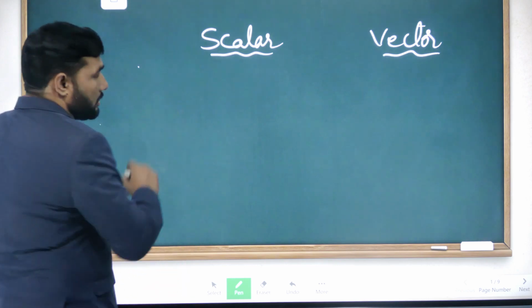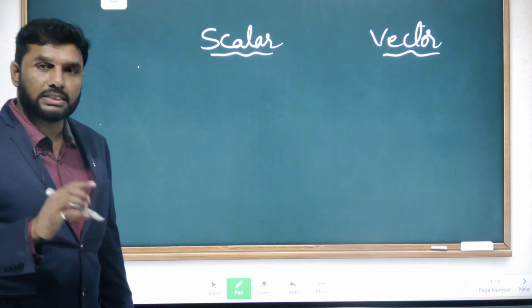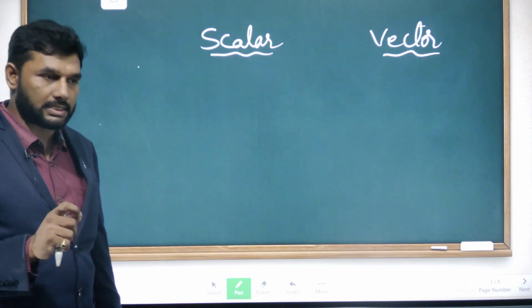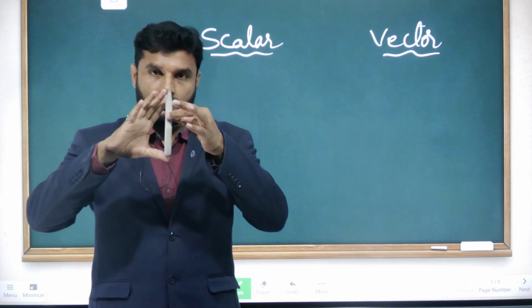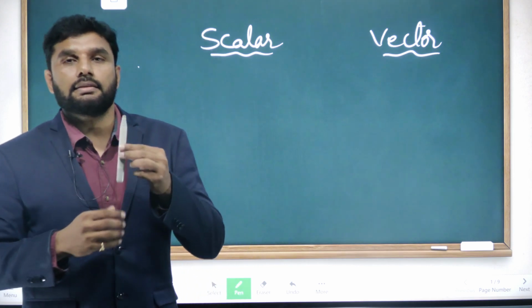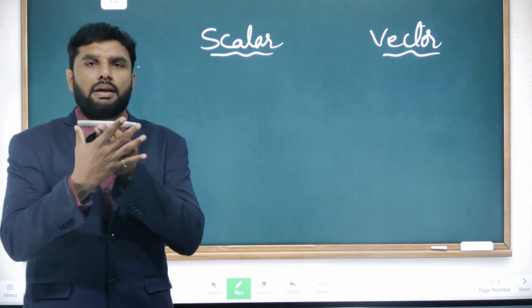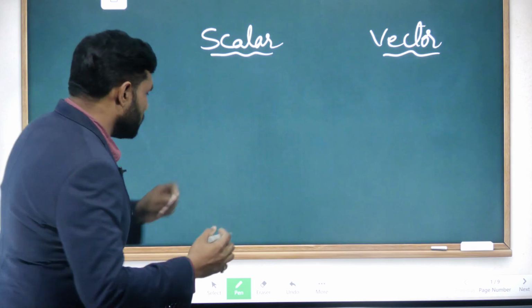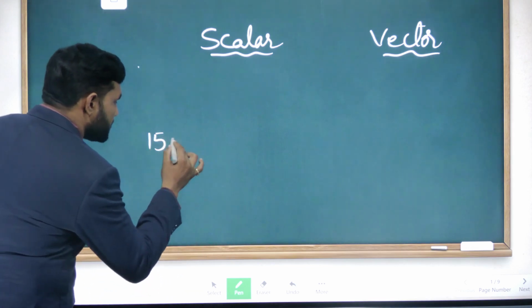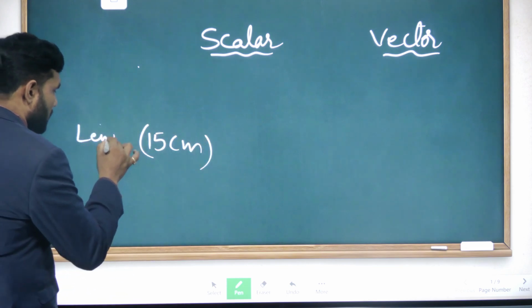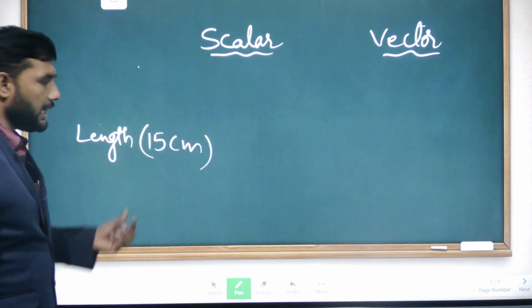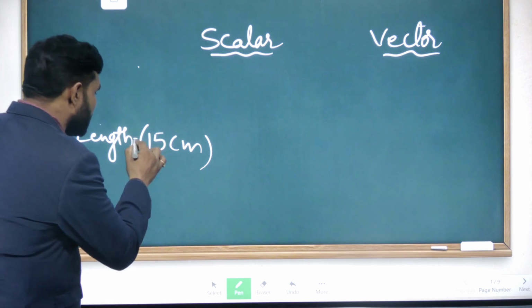I mean to say that those physical quantities which have only magnitude, in the sense, suppose I am speaking about the length of this object, what do we say generally? The length of the object is around 15 centimeters.